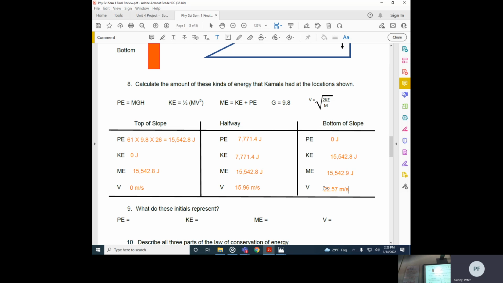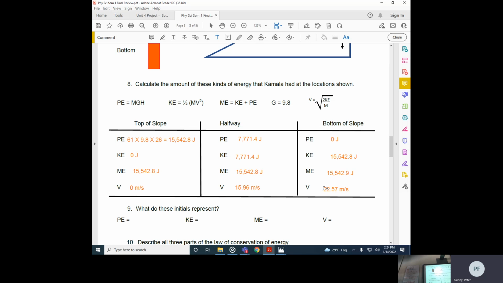So, do you know how to read this? You have to read this. What's 2 KE? There's KE. What do you do to it? That says 2 KE. Not divide it by 2. That would be KE over 2. This is 2 times. You multiply it by 2.